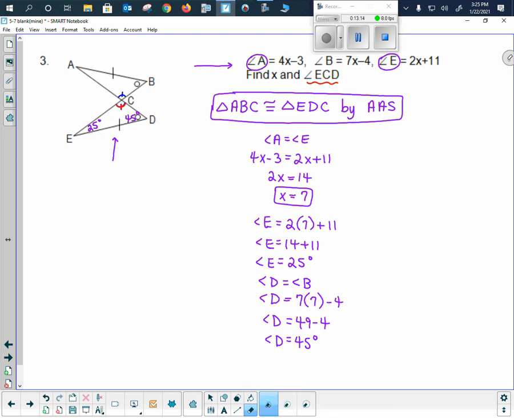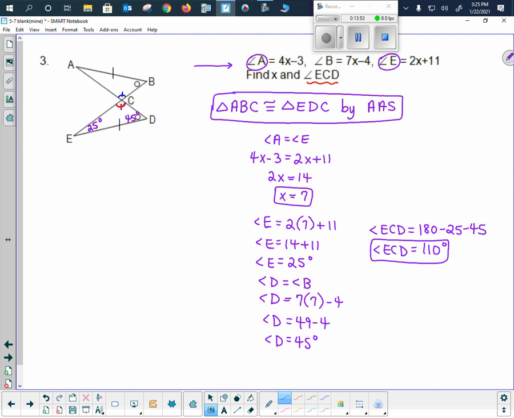You guys can do a better job than I can with the thick marker to make those look like degrees. Okay, do the best you can. And therefore, angle ECD, the only one that's left, guys, would be, maybe I'll do it here, angle ECD would equal, since they add up to 180 in that lower triangle, 180 minus the 25 for angle E minus the 45 for angle D, and therefore angle ECD would equal 110 degrees.